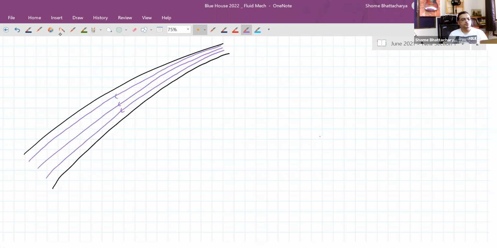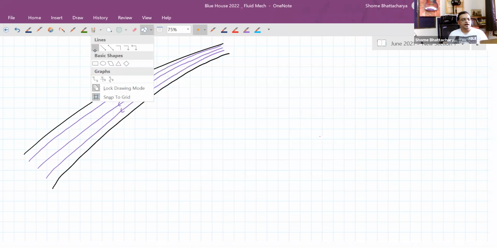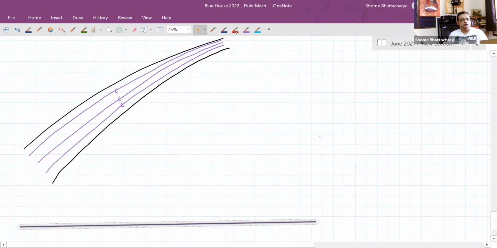Now here we have also selected some reference horizontal level so that we can describe the height of different points with respect to it. So this is our reference horizontal level. This is an ideal fluid of uniform density rho in steady flow.